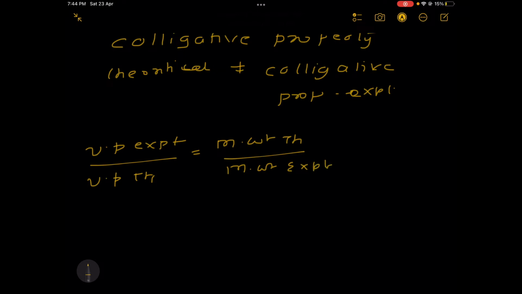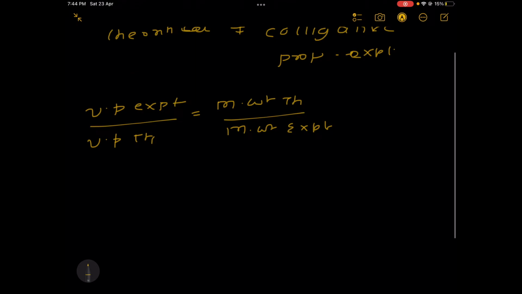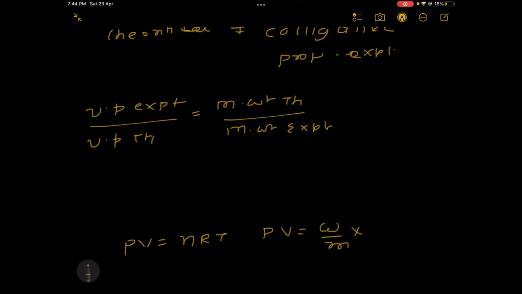If I take into consideration the molecular weight, PV is equal to nRT, that means PV will be equal to W by M into RT. Therefore pressure is inversely proportional to molecular weight. So osmotic pressure experimental by osmotic pressure theoretical.